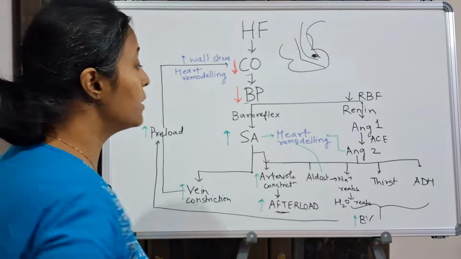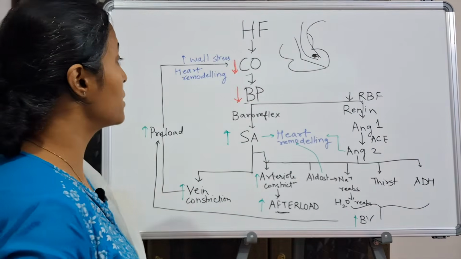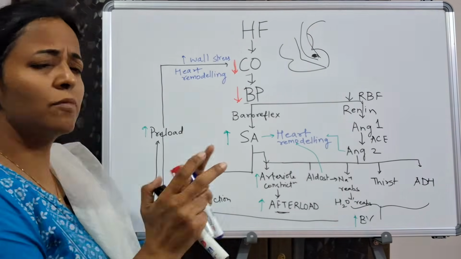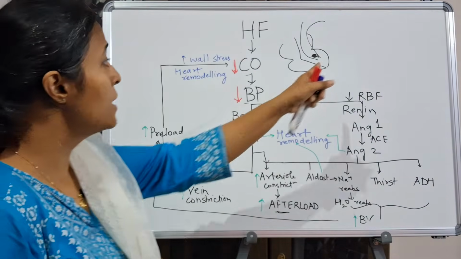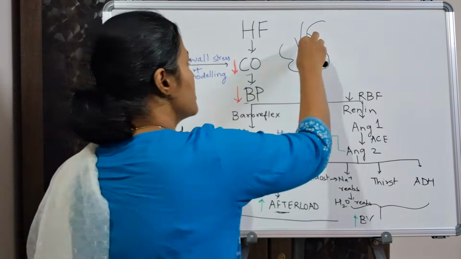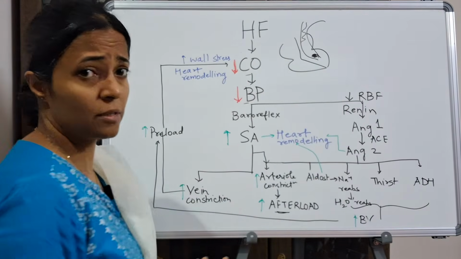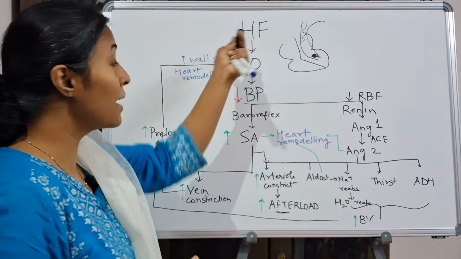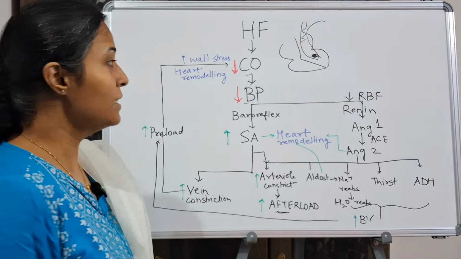So if the peripheral resistance is increased too much and the BP also increases, basically peripheral resistance because of the vasoconstriction, then this ventricle has to contract against so much resistance which is present in the vessels. So that means the work of the heart is increasing, but the heart is already failing, isn't it?